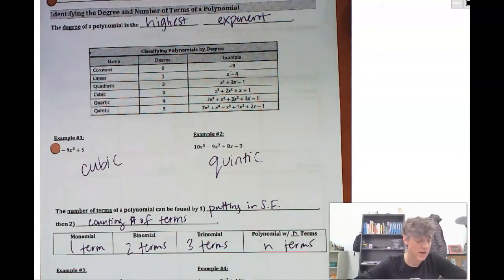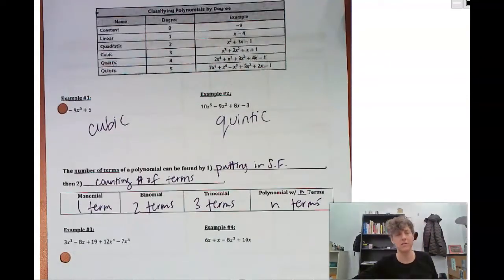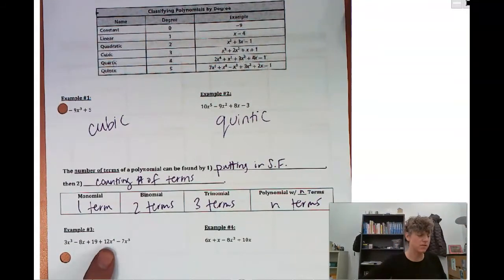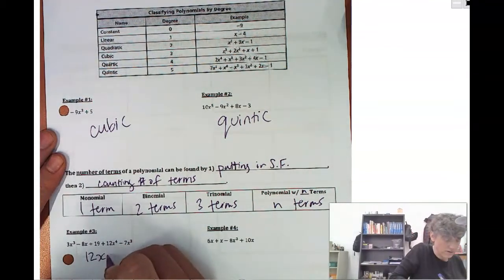So for example, here we've got 3x cubed minus 8x plus 19 plus 12x to the 4th minus 7x cubed. Oh my gosh. That's not in standard form at all. Highest exponent should go first, so the x to the 4th should go first. This is 12x to the 4th.